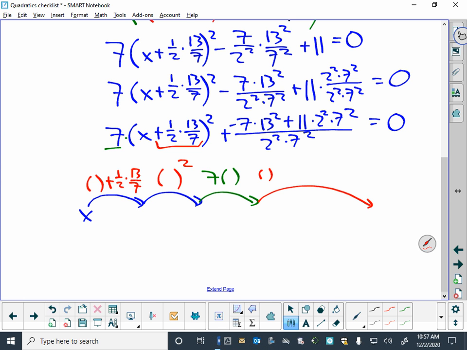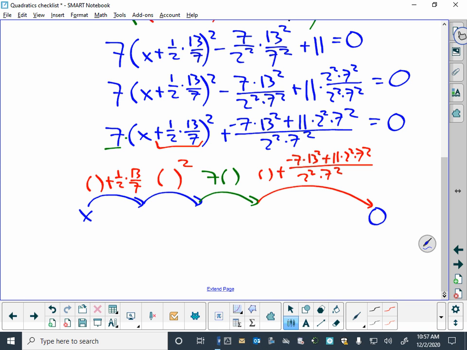So I'm going to add on there a negative 7 times 13 squared plus 11 times 2 squared times 7 squared over 2 squared times 7 squared. And I want that to all at the end equal 0.